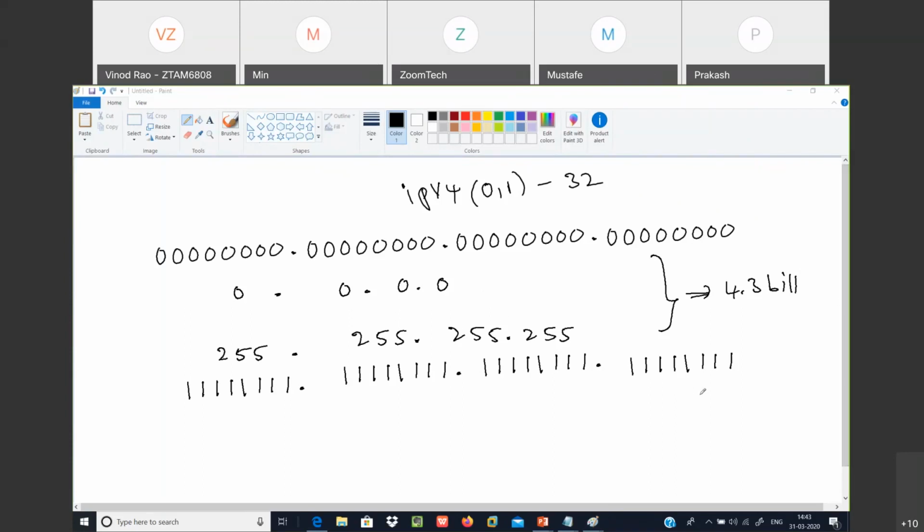IPv4 address range is 4.3 billion. Total IPv4 addresses is what? 4.3 billion IP addresses. This is the range: 0.0.0.0 to 255.255.255.255. Right?